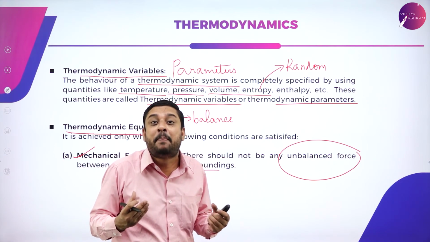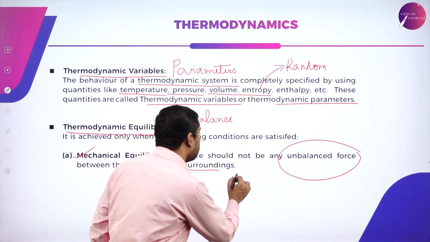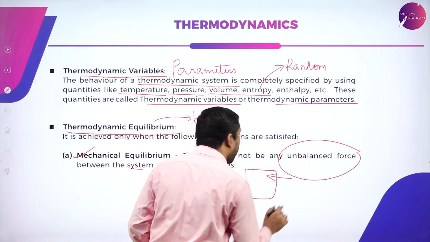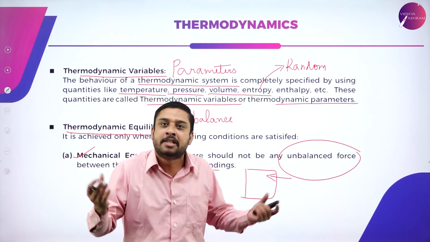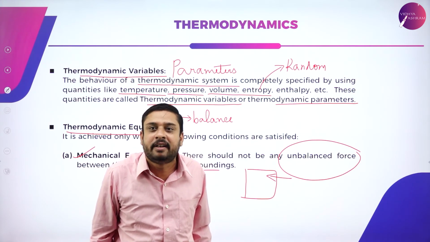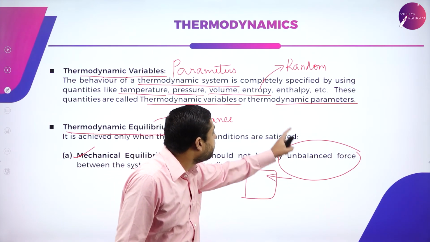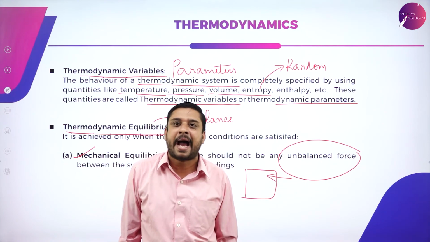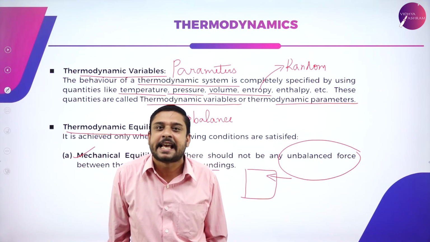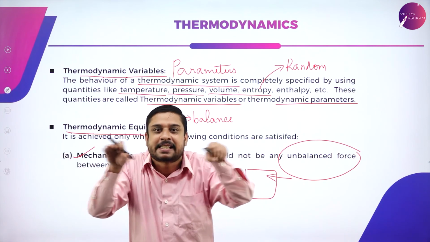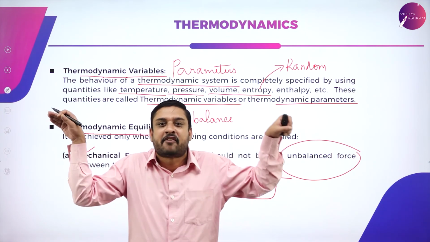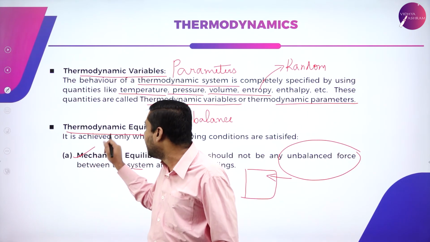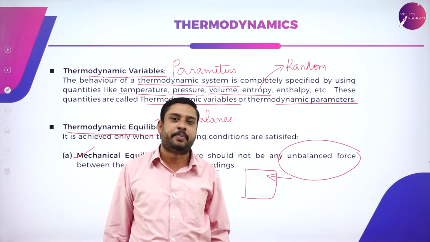The force should be balanced. If unbalanced, what happens? The definite boundary is broken down. System is not defined. So there should not be any unbalanced force. When matter and energy is exchanged, the physical forces coming into picture should balance. Only then mechanical equilibrium is attained.